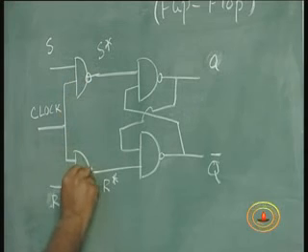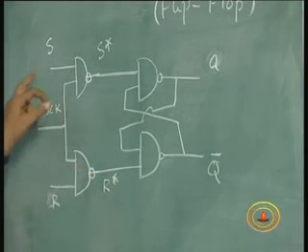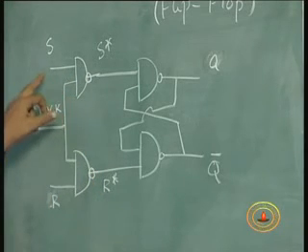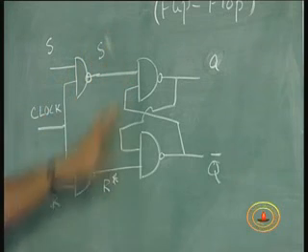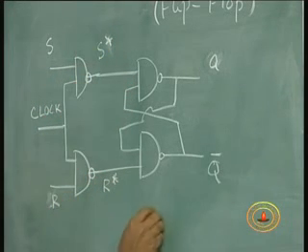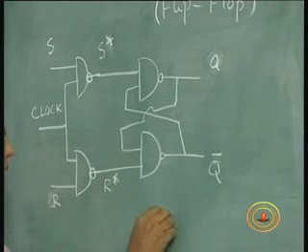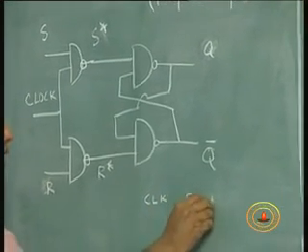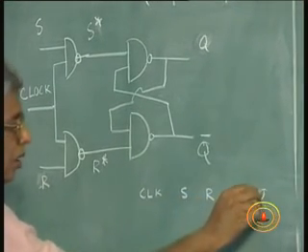If I put a NAND gate here, there is a natural inversion because of the NAND gate. So now it becomes a true SR latch. That means the truth table of this would be clock, S, R, Q, Q bar.